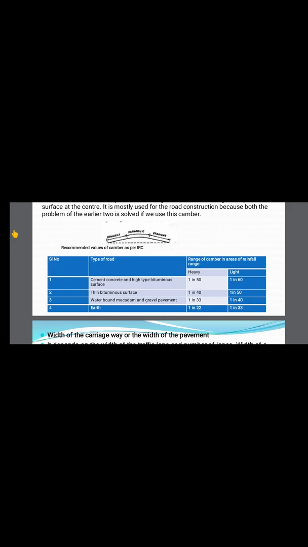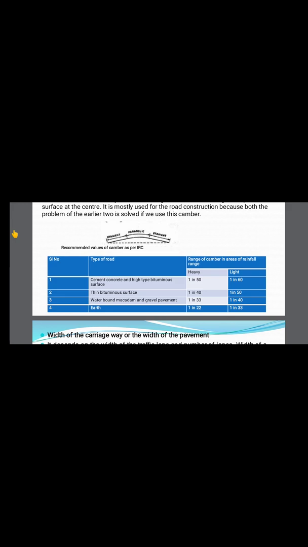Compared with these, the surface of water-bound macadam and gravel is not smooth, so the flow of water is not so easy. In such cases, a slope of 1 vertical to 33 horizontal has been given.